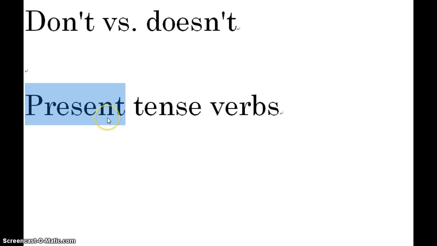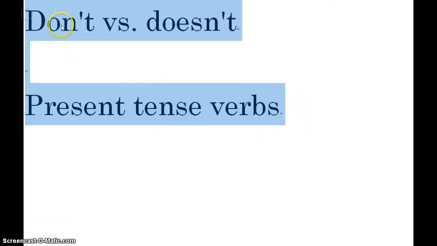However, there is a rule for when to use the word don't, and when to use the word doesn't. So I'm going to talk about that now. Let me just clear the screen. When the subject of a sentence is singular and it is not I or you, we use the word doesn't.